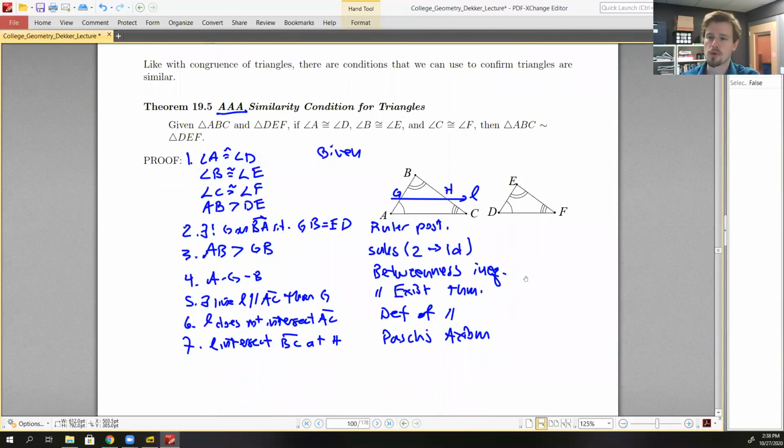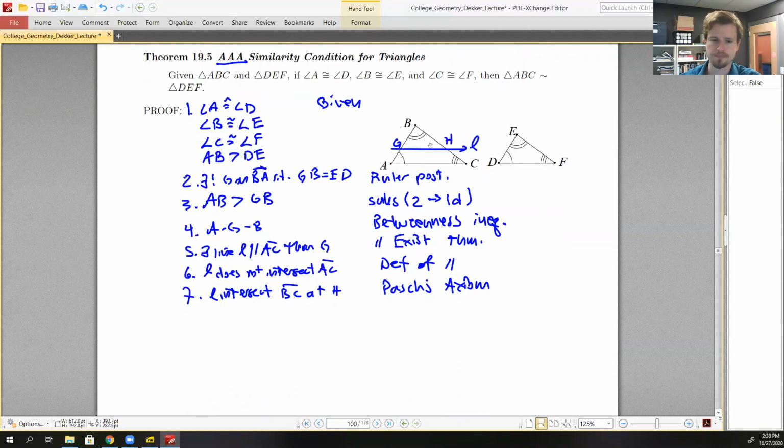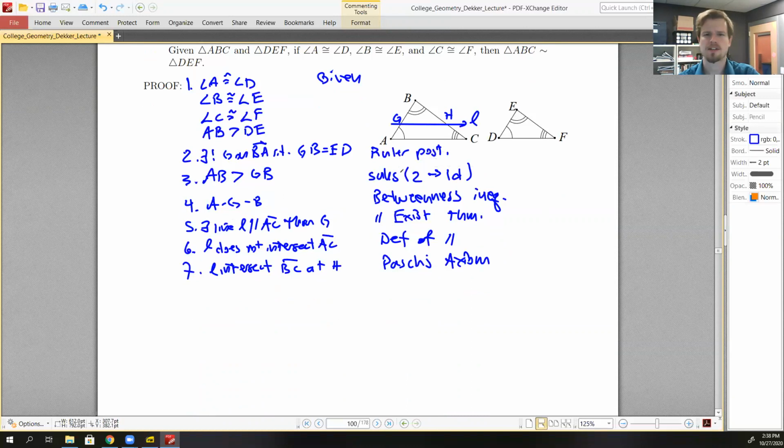So we want to show congruence of this upper triangle with this triangle first. So to do that, let's recognize that this angle and this angle are the same. So a couple of angle congruences here.